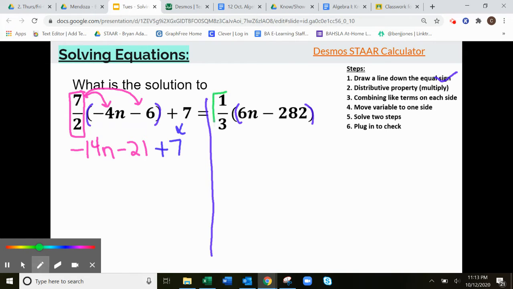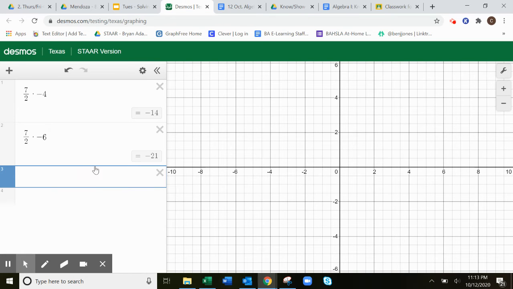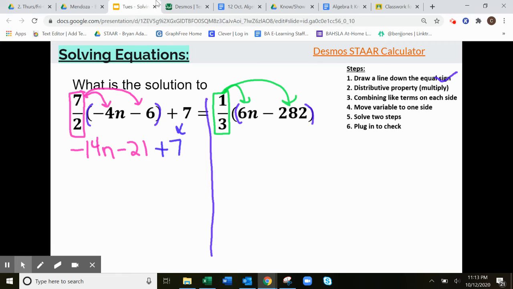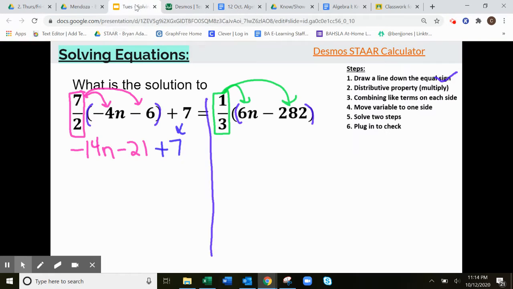So now we have 1 over 3 in front of the parentheses. And we're going to multiply that over. So we have 1/3 times 6. So 1 divided by 3 times 6.